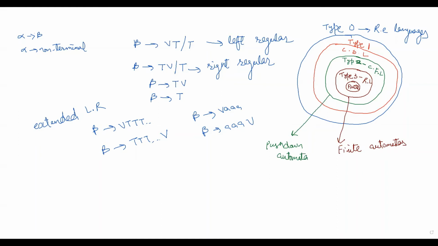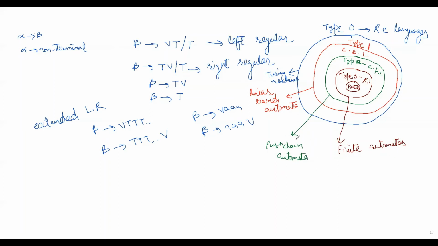For type 1 we have linear bound automata. And for type 0 we have Turing machines. So you can see which machine is strongest. Turing machine is strongest, then comes the linear bound automata, then push down automata, then finite automata.